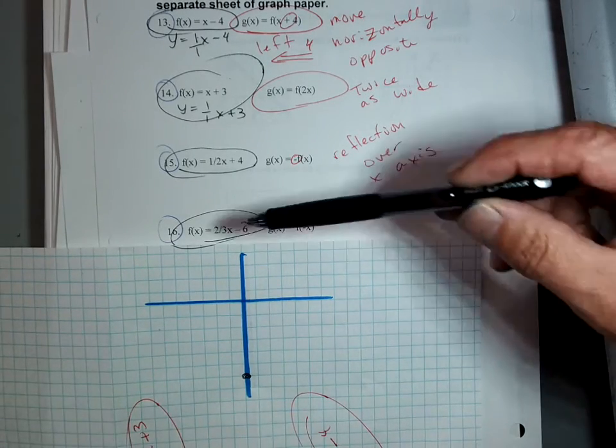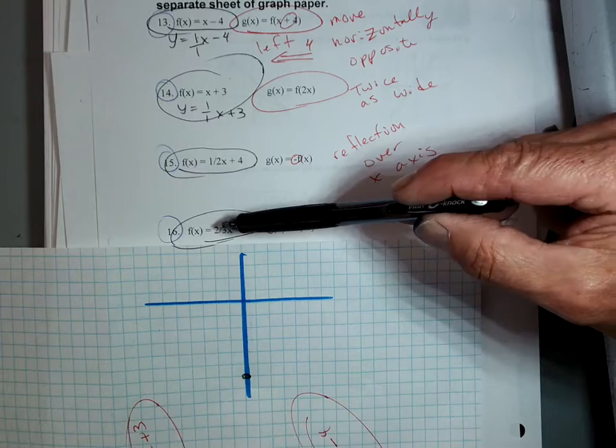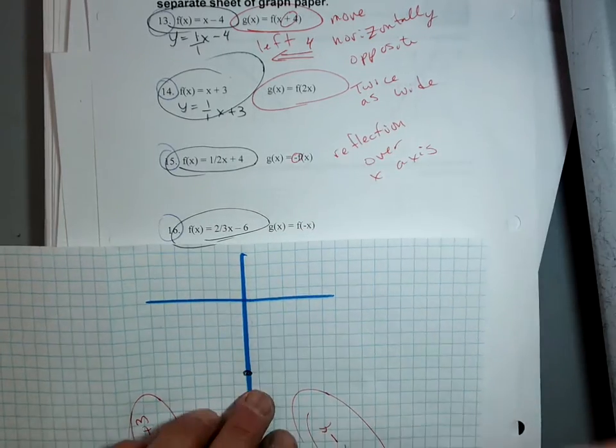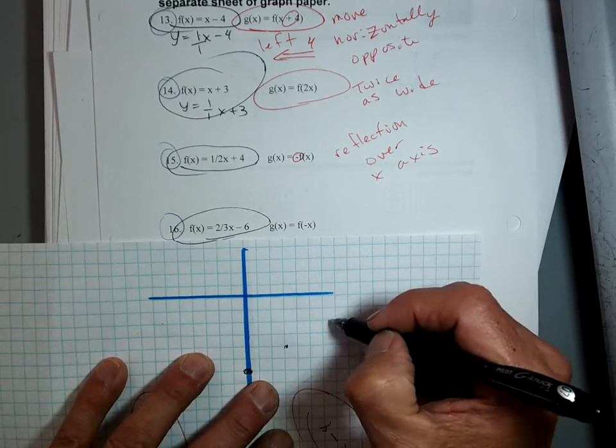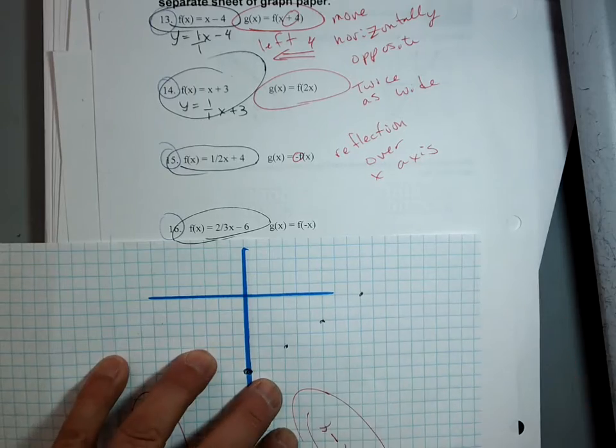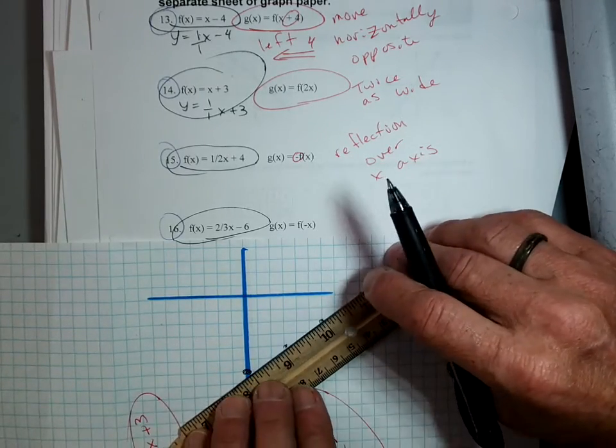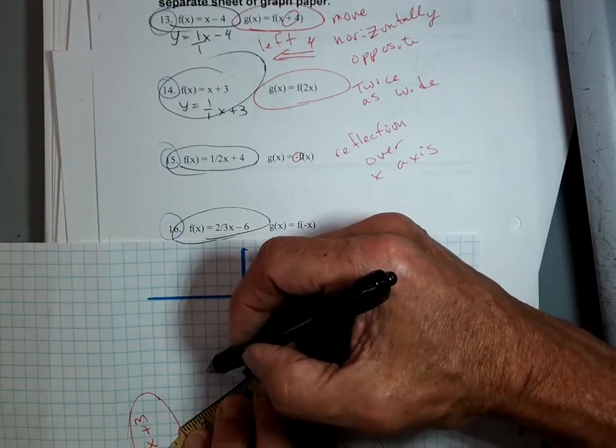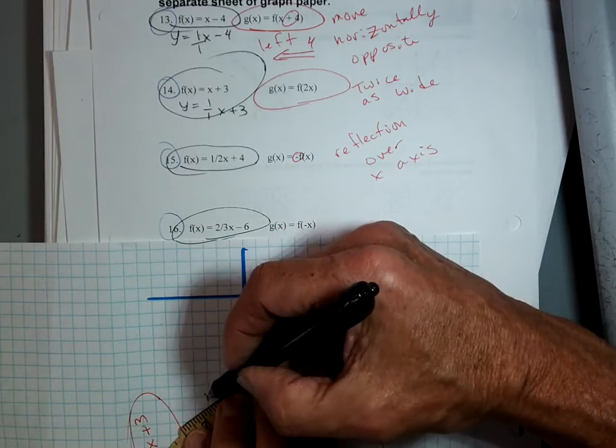I'm going to apply my slope of up 2 over 3, up 2 over 3, up 2 over 3. So here's my original line.